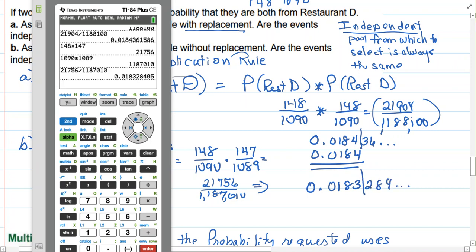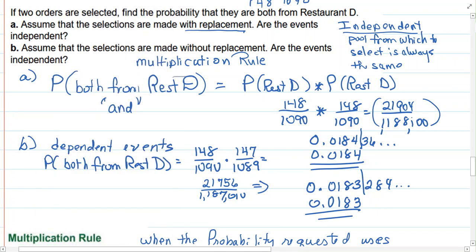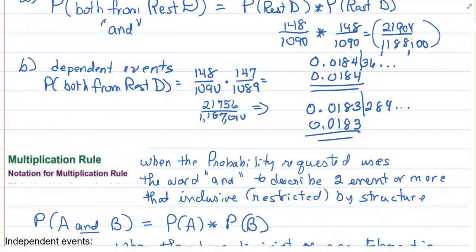So we're going to do those 4 decimal places, and you can see that it is a slight difference, but not enough if we had rounded to say 3 decimal places. So what this does is show you the connection of large numbers and independence.